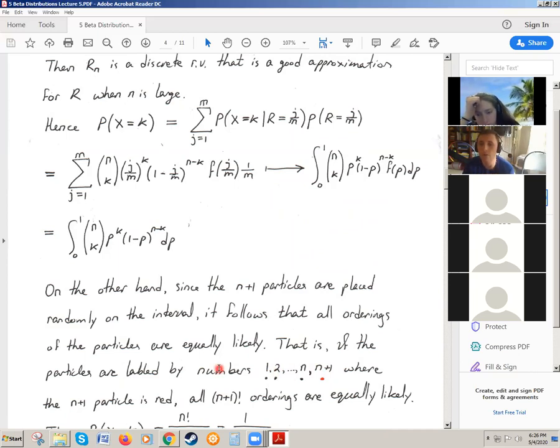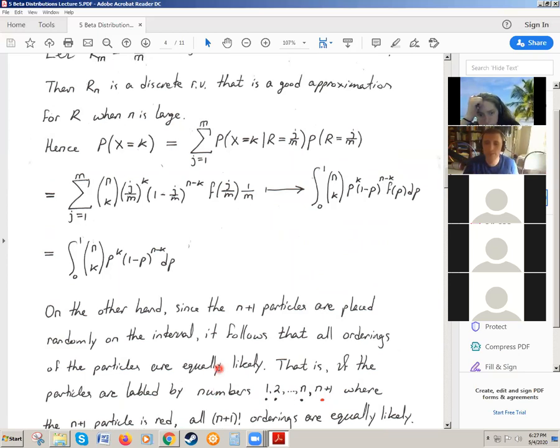Now, how many of those orderings correspond to exactly k black particles below, or to the left of, the red particle? Let's see if you can calculate it. Do you see that all n plus 1 factorial orderings should be equally likely?